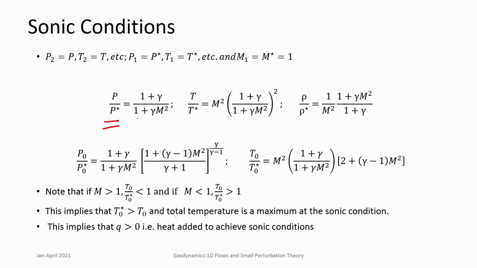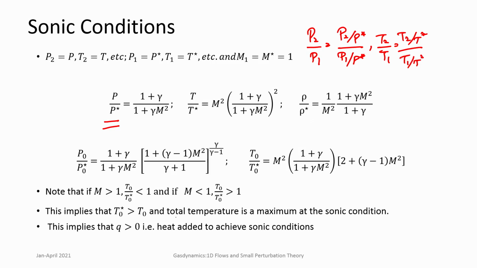So, you get 1 plus gamma by 1 plus gamma M square, similarly T by T star, similarly rho by rho star. If you want to express P2 by P1, this can be represented as P2 by P star divided by P1 by P star, where the P star is the same for a Rayleigh curve. Similarly, T2 by T1 is T2 by T star divided by T1 by T star.